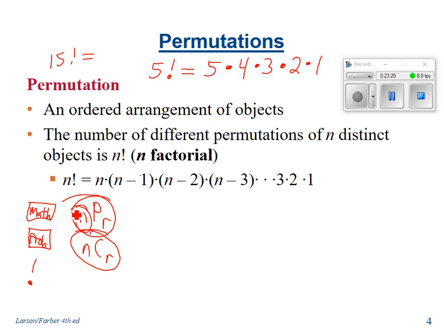How many books did we have to choose from originally? 9. So the n right there in the front, the little subscript, is 9. The r, how many are we actually keeping? 7. We put that into our calculator, and it tells us 181,000. Big number still, right?